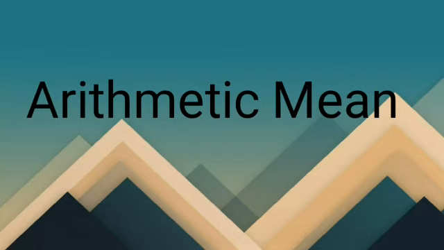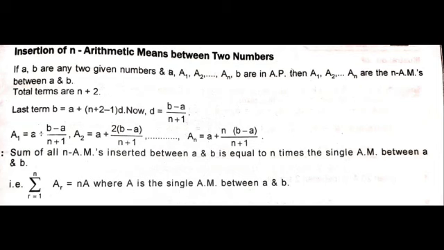When three quantities are in arithmetic progression, the middle one is said to be the arithmetic mean of the other two. That is already discussed. Now here, just try to understand, if A and B are any two given numbers and A1, A2 till An are in AP, then these A1, A2 till An are n arithmetic means between A and B, where A is the first term and B is the last term.